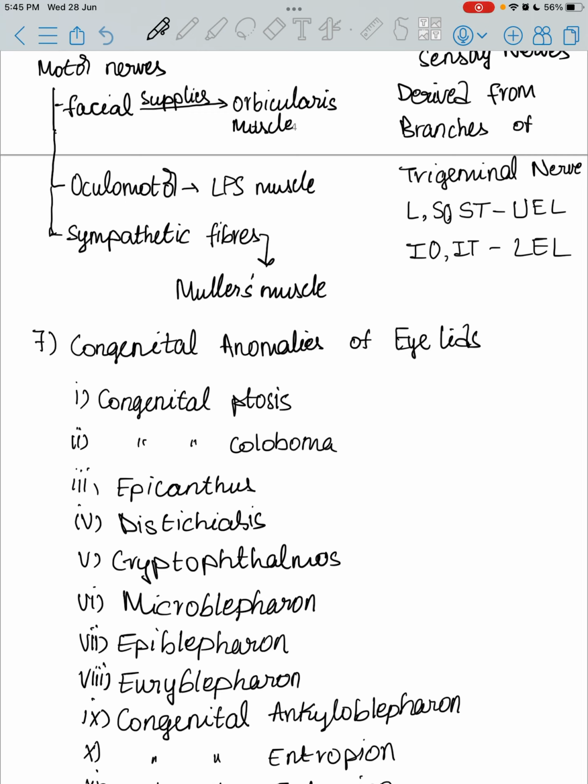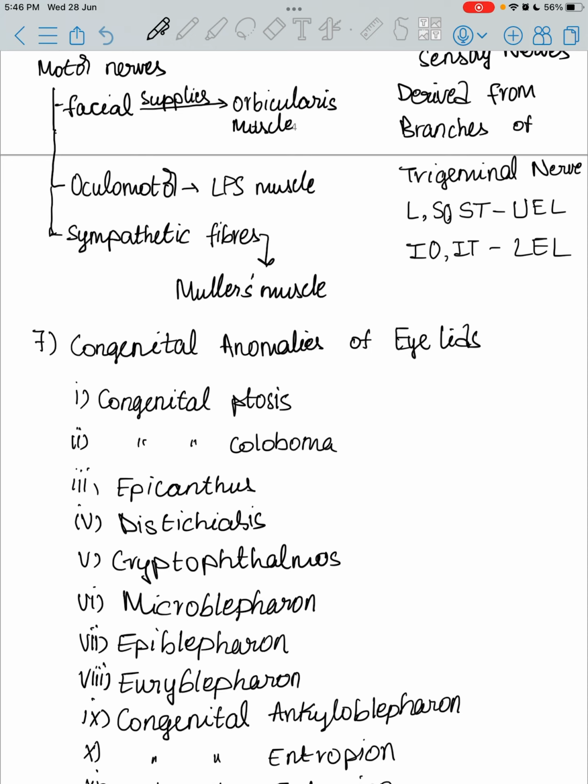Ptosis means drooping of eyelid. And congenital coloboma. It is characterized by a full thickness triangular gap in the tissues of the lids. And the treatment consists of plastic repair of the defect.